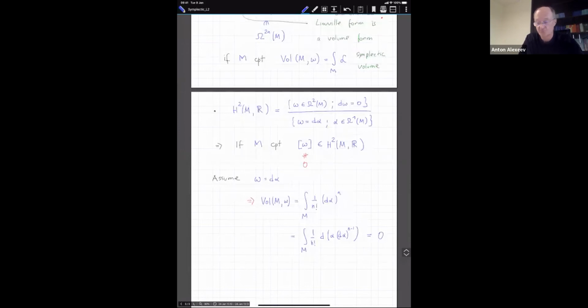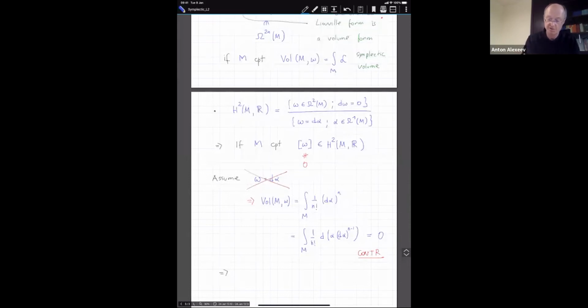This is in contradiction with the zero result. So it cannot happen that omega is equal to d alpha, and this means it should be a non-vanishing cohomology class.